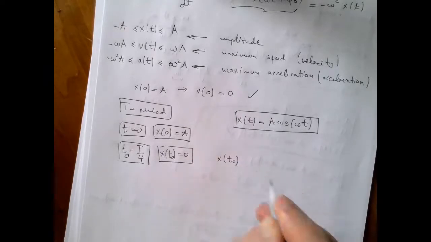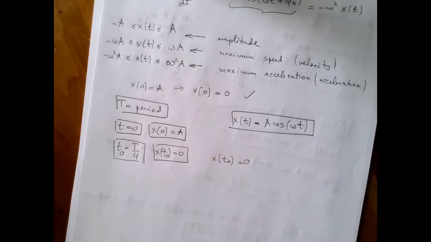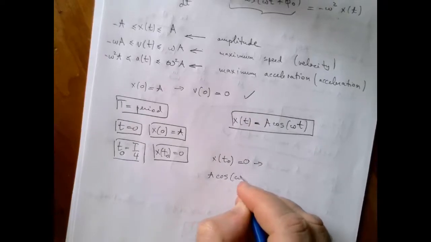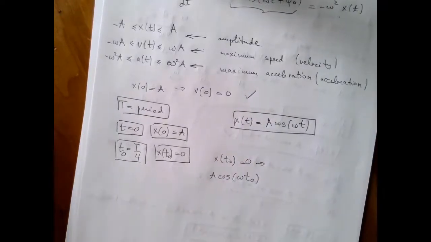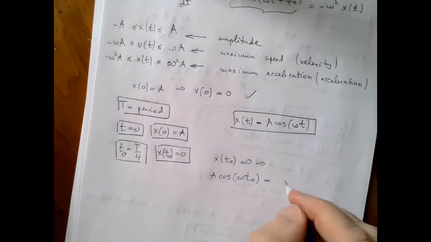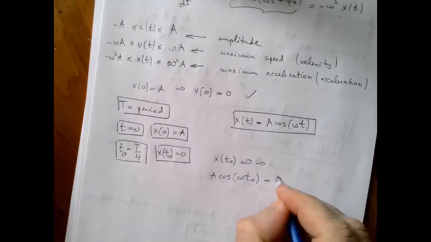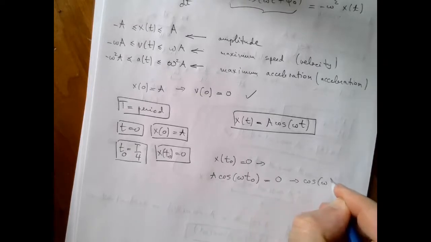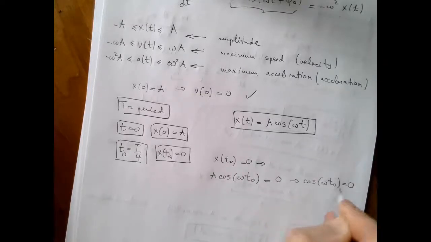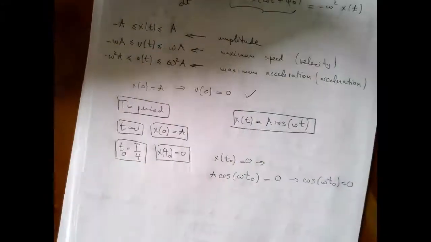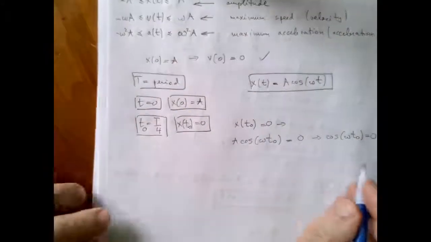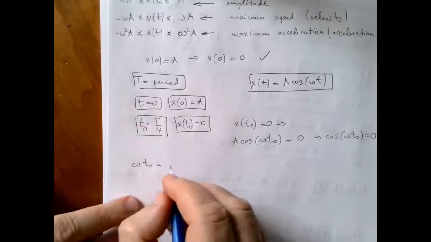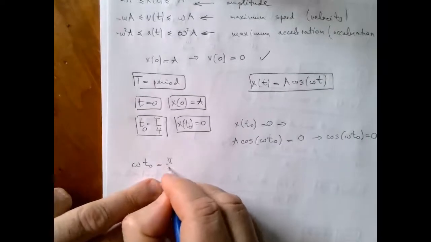If x at t0 is equal to 0, that means A cosine of omega t0 is equal to 0, or cosine of omega t0 is equal to 0, which means that omega t0 is equal to pi over 2.